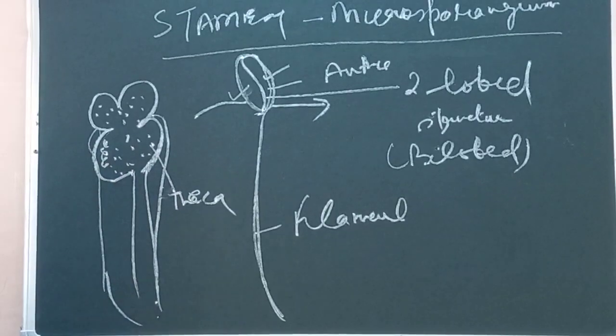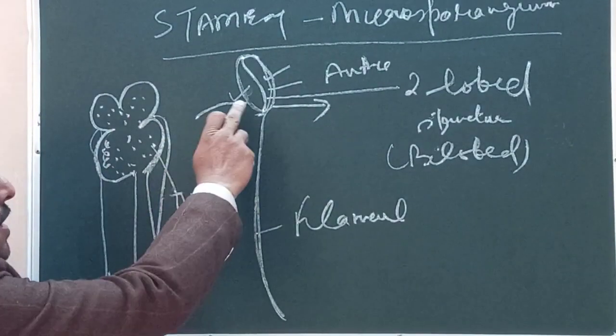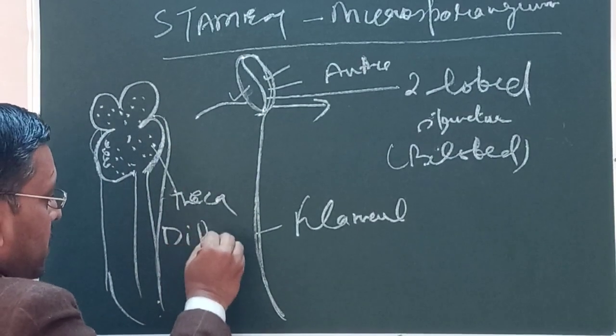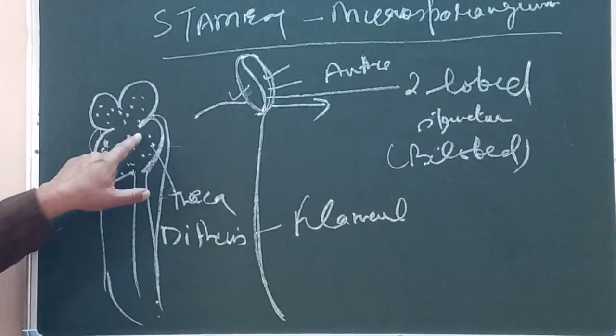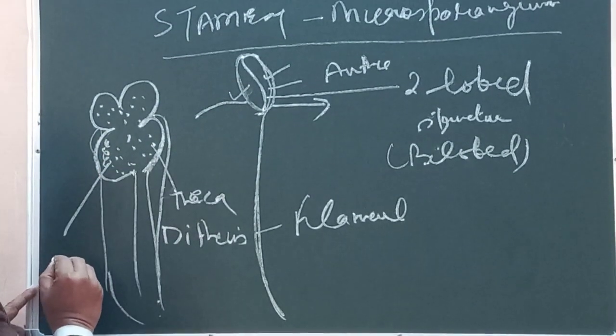So it is dithecous. It is called dithecous. These thecae are called microsporangia.